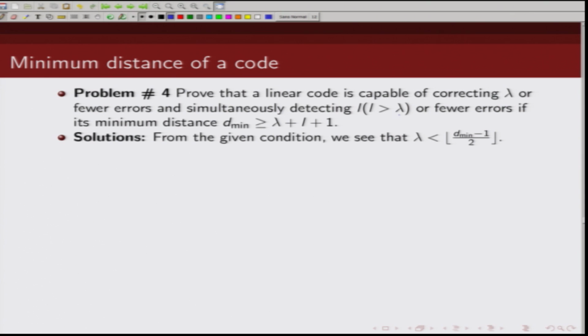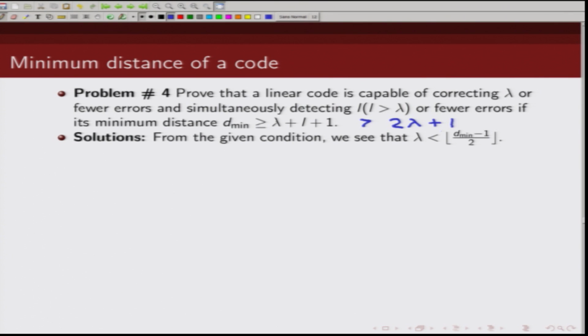Now, note lambda is less than L. So, if minimum distance is lambda plus L plus 1, this is basically greater than 2 lambda plus 1. And if the minimum distance is greater than 2 lambda plus 1, it would be able to correct lambda errors.